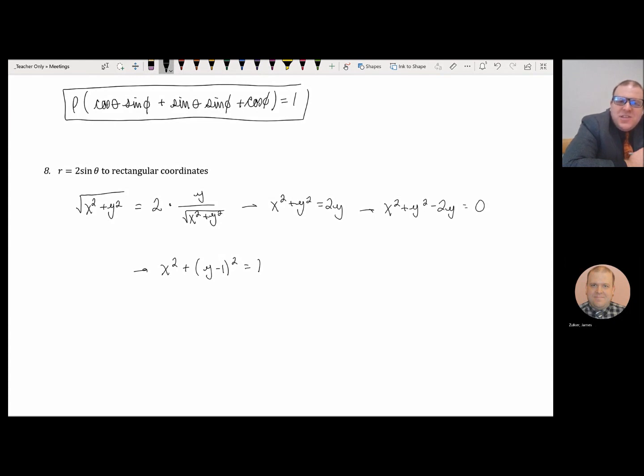So we have a circle centered at 0, 1 of radius 1. Technically, it's a cylinder. Remember, if you just look at the xy plane, right? So it's the circle centered at 0, 1 of radius 1, located right on the xy plane. Has no height.